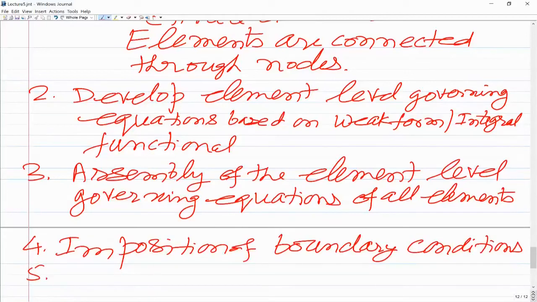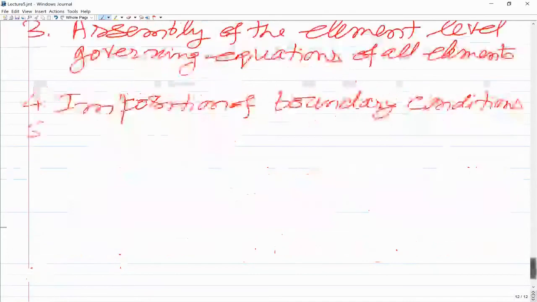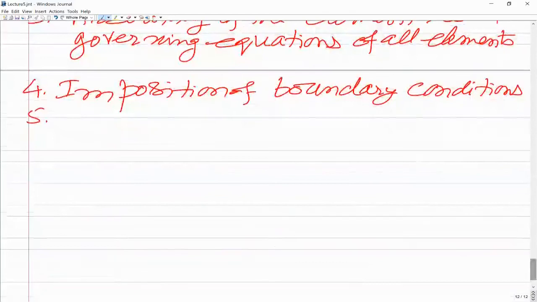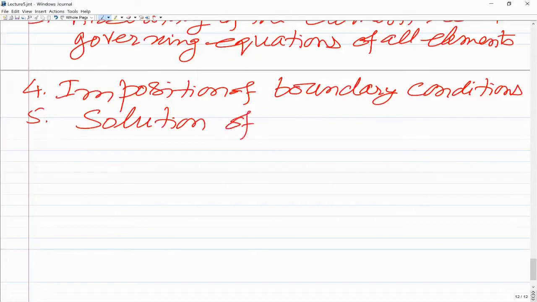The fifth step is, after we impose the boundary condition, we solve these equations. These equations are for static problems. In statics, the element level governing equations are going to be algebraic equations, so we solve those algebraic equations. That's the next step: solution of simultaneous algebraic equations.